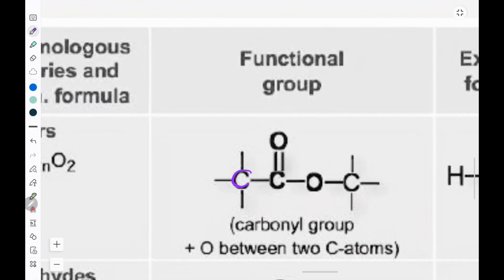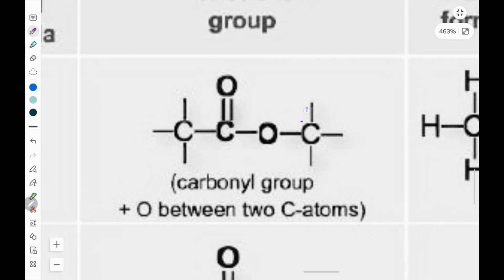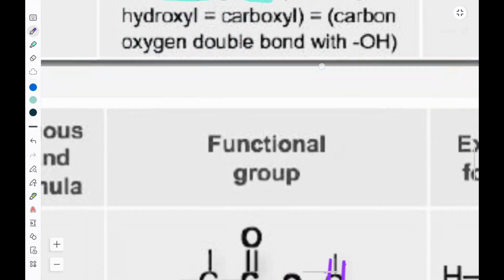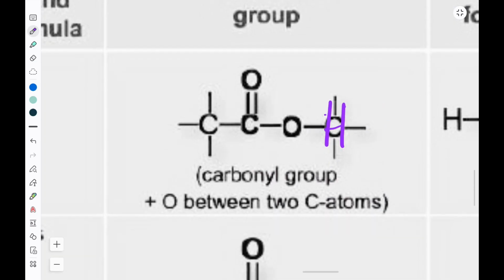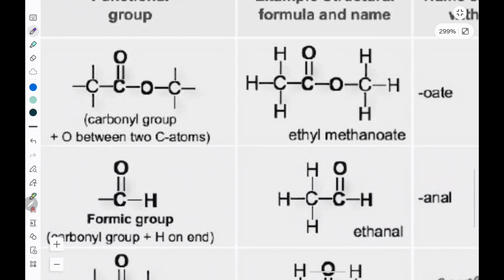It has to be attached to a carbon atom here. Or if here we have an H, that also wouldn't be an ester, it would actually be a carboxylic acid, because that gives COOH, right? So we will discuss more as we proceed.